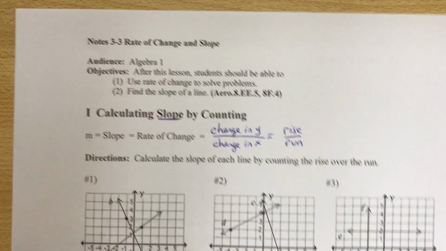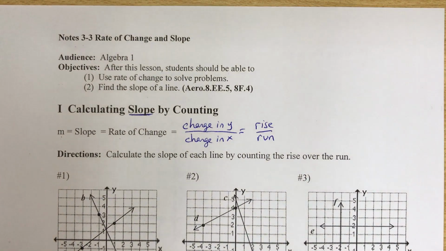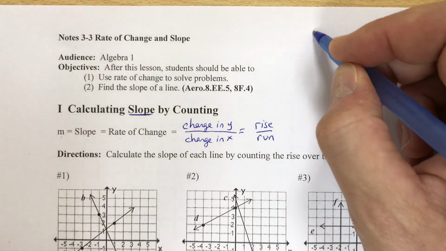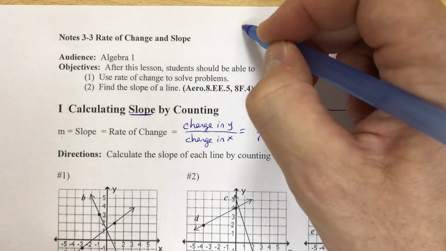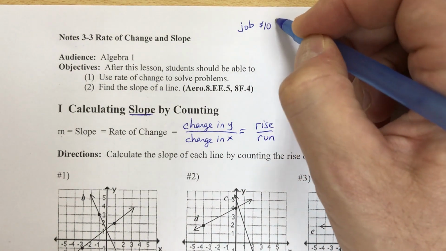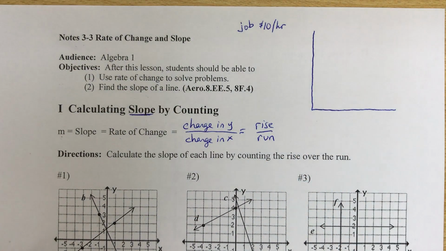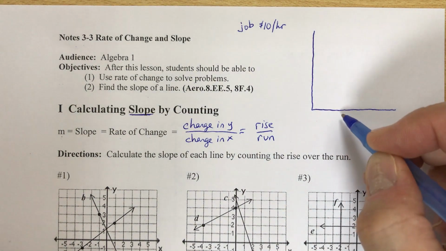I think students tell me often that they have trouble with slope, that they don't like slope. And I think part of the reason is that we don't really understand what we're talking about. Let's say that you're working a job. And let's say your job pays you $10 an hour. Okay, you're making $10 an hour. And let's say that I'm going to graph this.